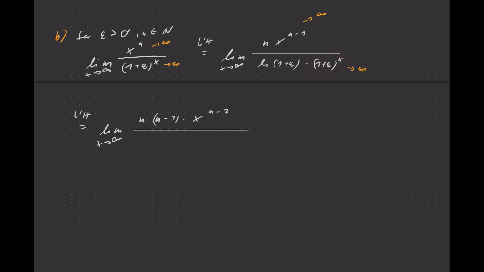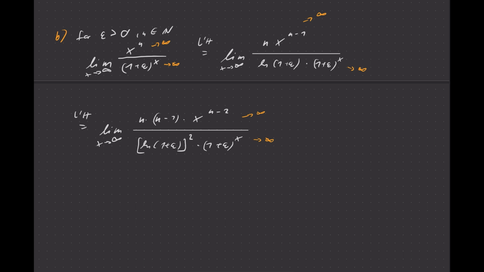That produces another ln(1 plus epsilon) factor here. So we get that factor ln(1 plus epsilon) squared times (1 plus epsilon) to the power of x. And again, we're in the same situation. We have differentiable functions in numerator and denominator, and both tend to infinity.